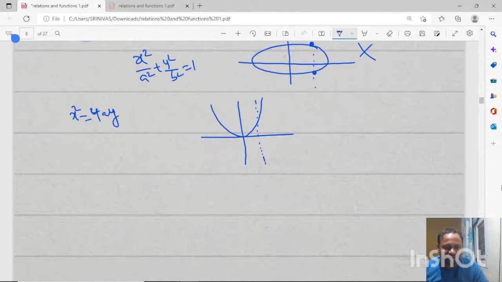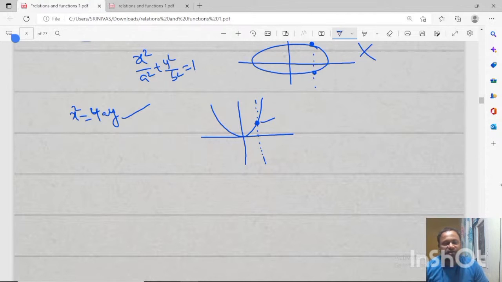I have drawn it, and it intersects at exactly one point. That's why this is a function. Okay? So a function is nothing but, in the graph, the line parallel to the y-axis should intersect at one point.